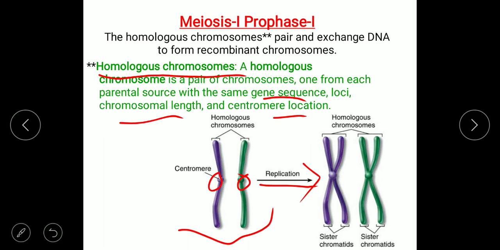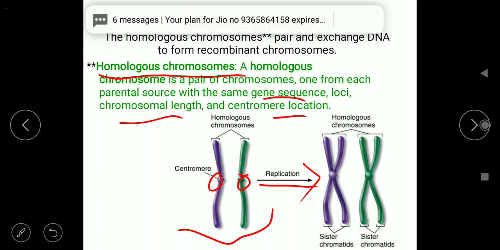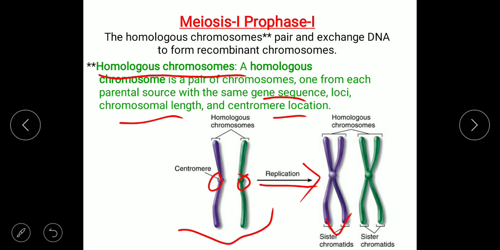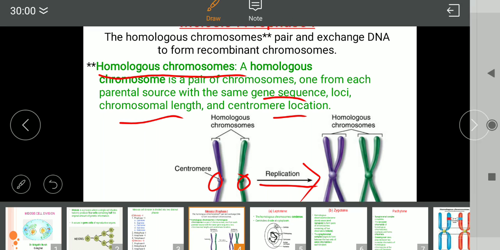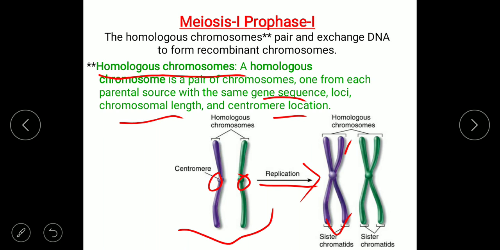This is one chromosome, and this one is the other with two chromatids. The chromatids of one single chromosome are known as sister chromatids, and the chromatids of two different chromosomes, that means this one and this one, or this one and this one, will be non-sister chromatids.